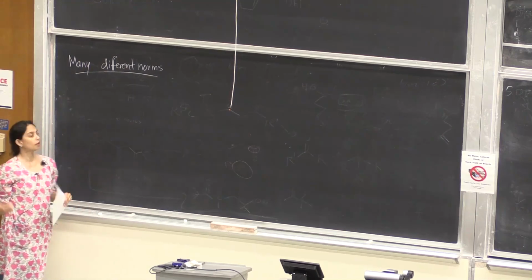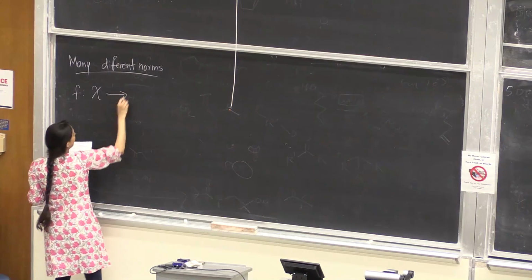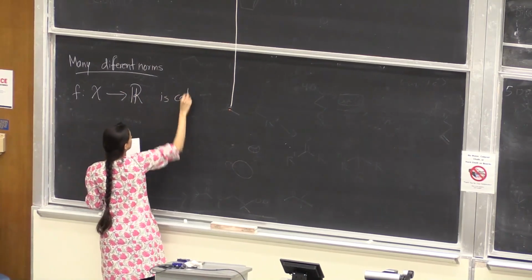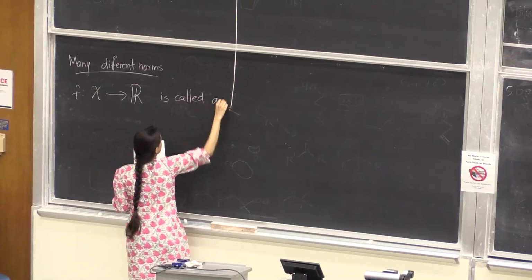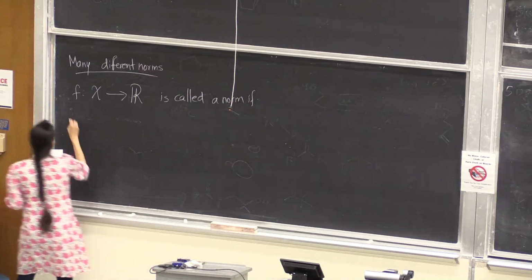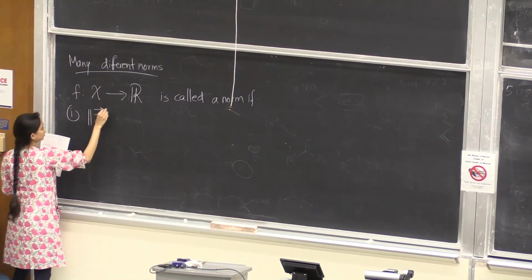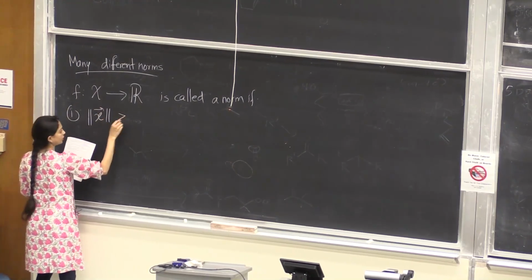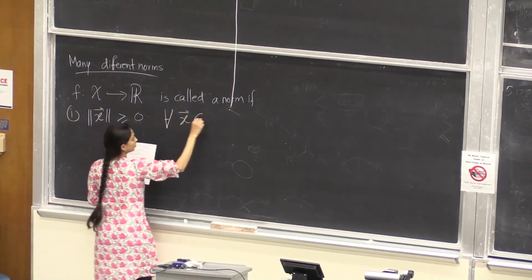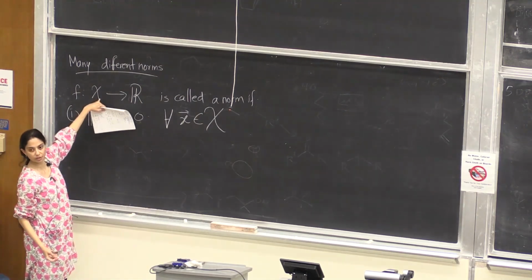And in general, a function f going from some vector space x into R is called a norm if, property 1, the norm of the vector x is always greater than or equal to 0 for every vector x belonging to script x. You see how this big script x is the vector space.